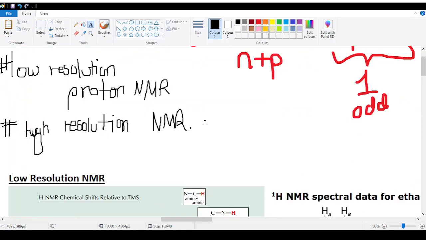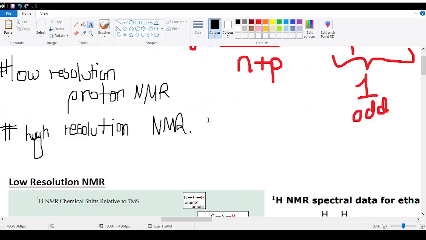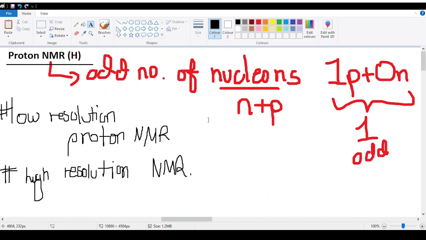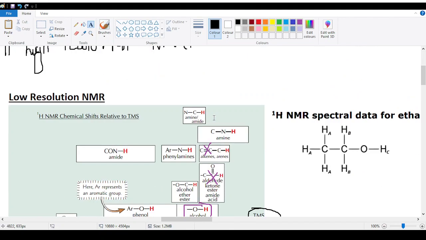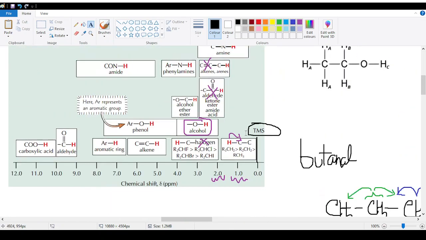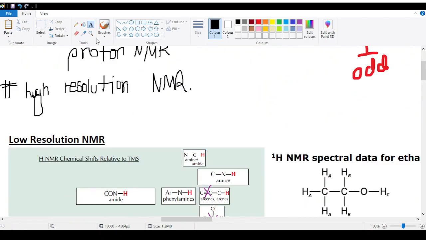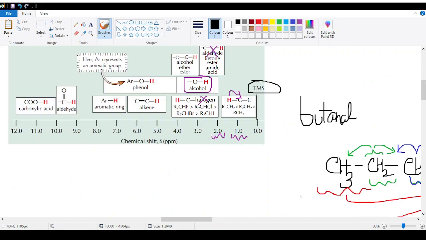The main difference is in the graphs. The chemical environment and the number of peaks are still the same, but the difference is actually in the peaks. In low resolution NMR, only peaks are visible.